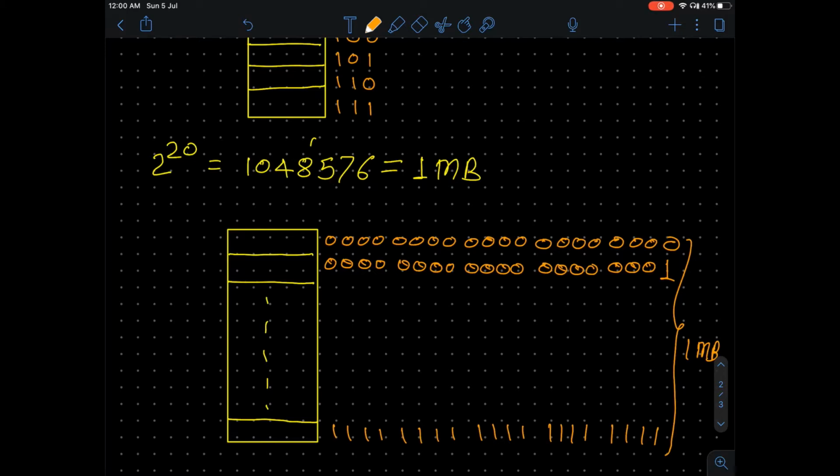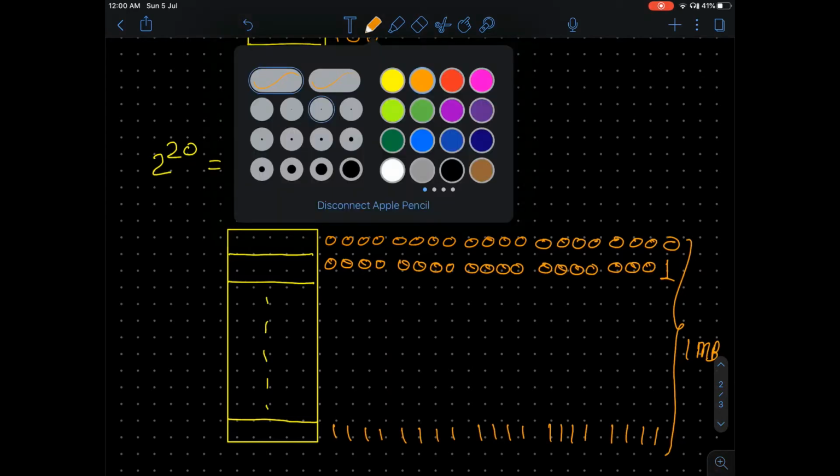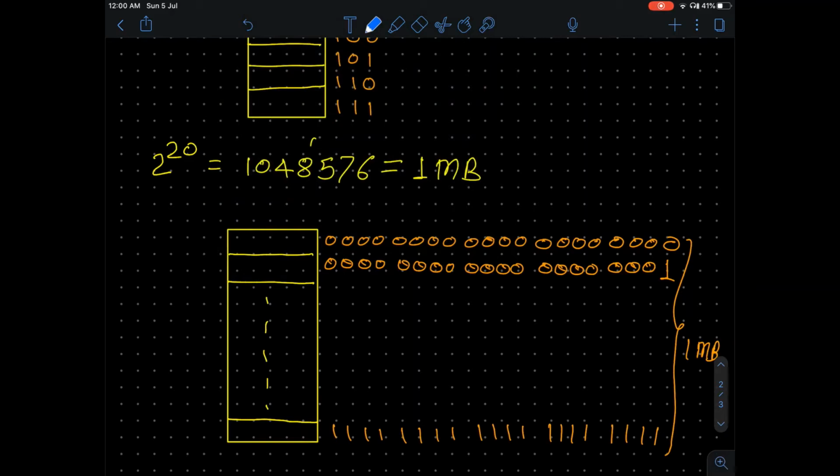Now this is the memory address in binary form, but we require this address in hexadecimal form when we handle these addresses in a program. That's why it is required to convert binary to hexadecimal. When we convert binary to hexadecimal, we require groups of 4 bits.